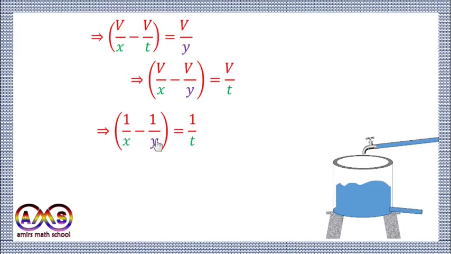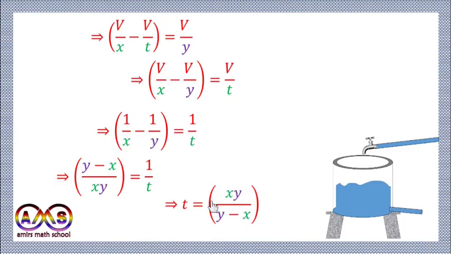Then 1 by X minus 1 by Y equal to 1 by T. After simplification, we get the result T equal to XY divided by Y minus X. So the leak needs XY divided by Y minus X time to make the full cistern empty.